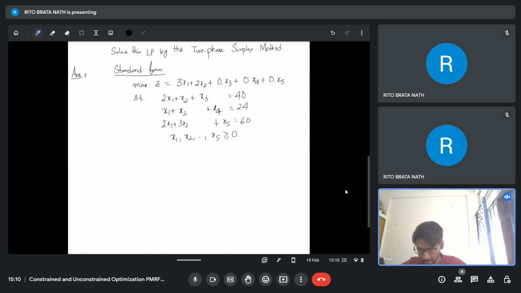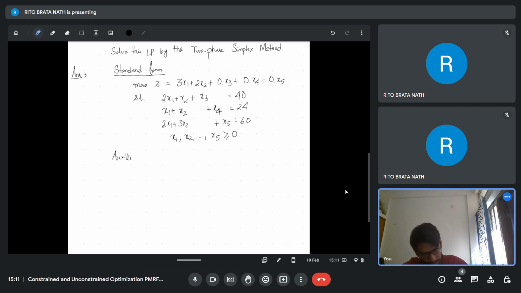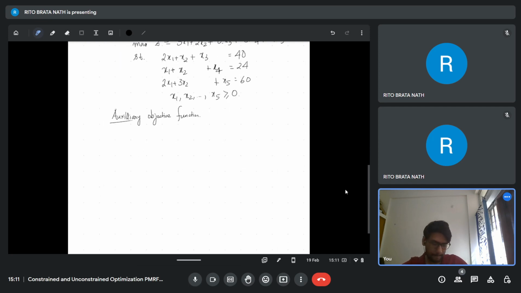So what you can do is construct the auxiliary objective function. So let's do that. Oh, I think I erased it. Let's write it down again.